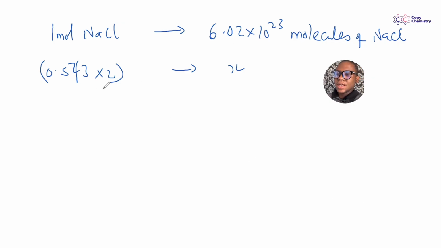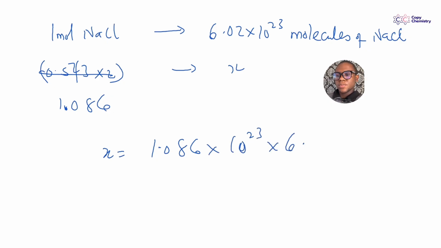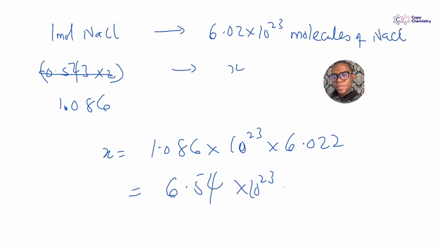And then you can say that 1.086 moles of NaCl gives you X, and X becomes 1.086 times 10 raised to the power 23 times 6.022. By the time you do all that, that is when you actually get this, in molecules. So that's the molecules of NaCl that will be produced, also known as the formula units of NaCl that will be produced. Do you get it? So that's it.